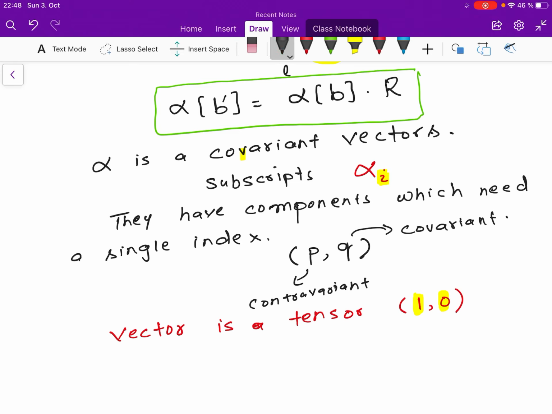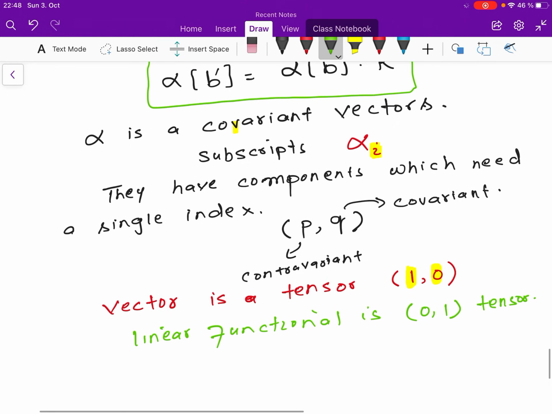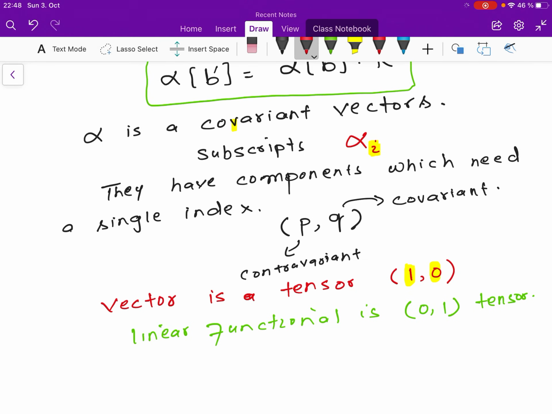A linear functional, on the other hand, is a 0-1 tensor, and this means that the contravariant part is 0, it has no contravariant index, and it can be addressed by a single covariant index. So this becomes a 0-1 tensor.